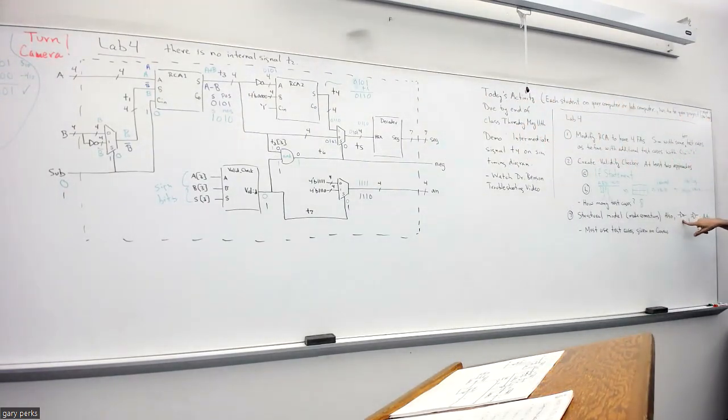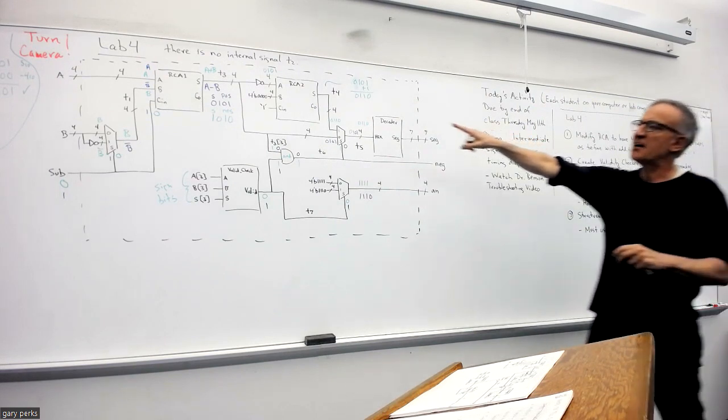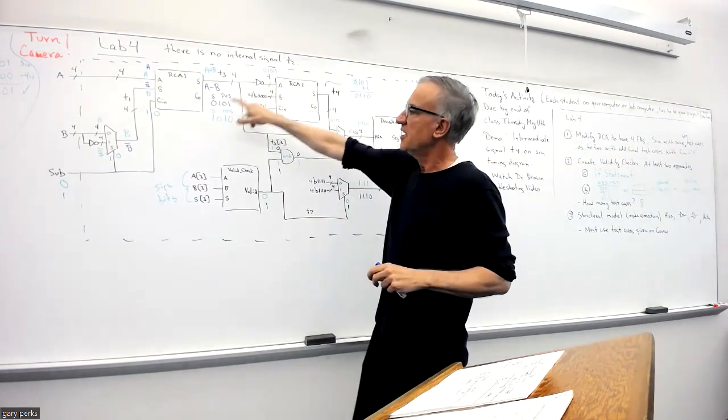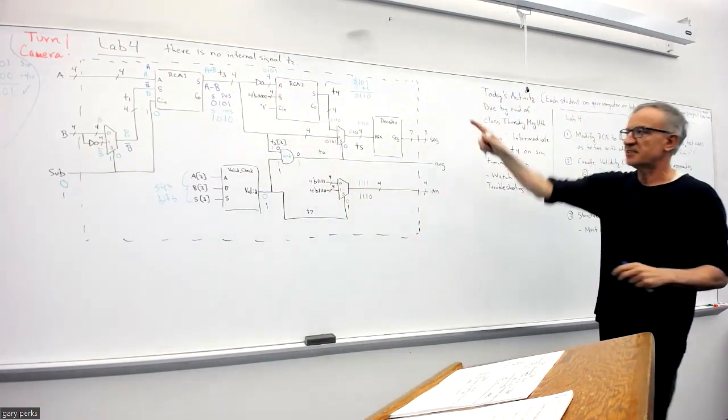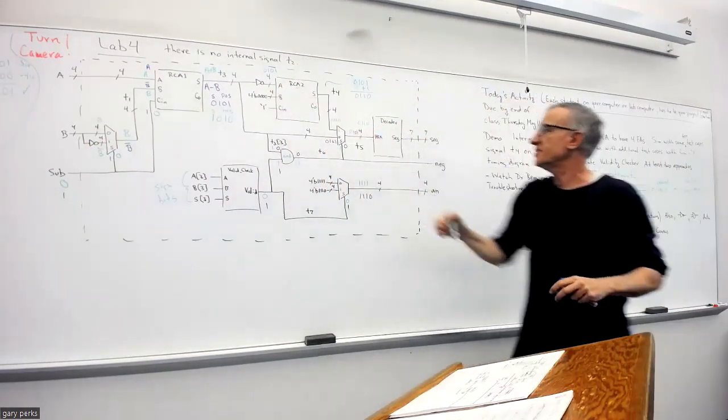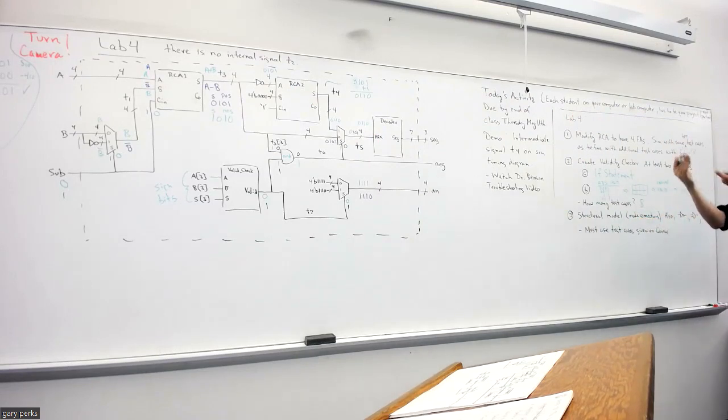Okay, also the inverter. So you have an inverter here, and you have an inverter here. The way you take care of the inverter, let's say this one right here for RCA2, is in your top module, your structural module, when you're making the connections.